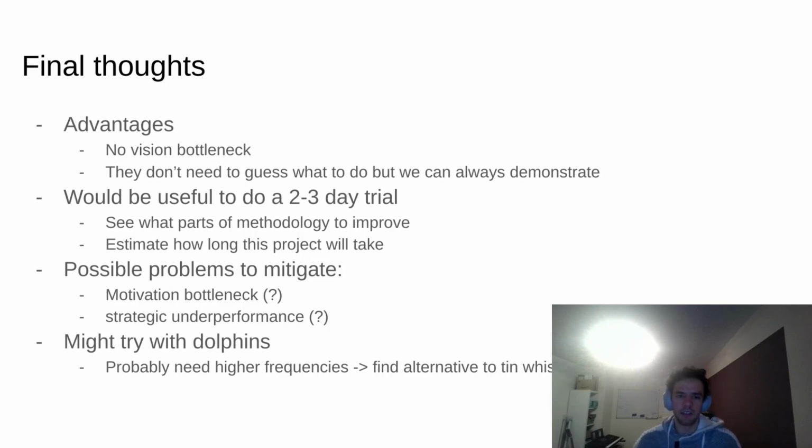And then there's the possibility to try it with dolphins instead of orcas if orcas are hard to get access to. It didn't really seem to me that orcas are better in behavioral experiments than dolphins, though this is surprising to me because their brains are so much more impressive.